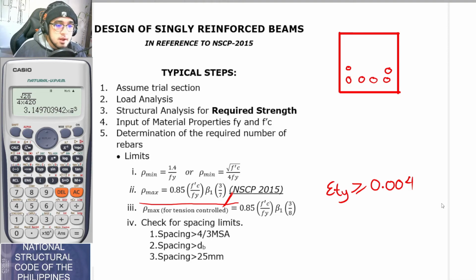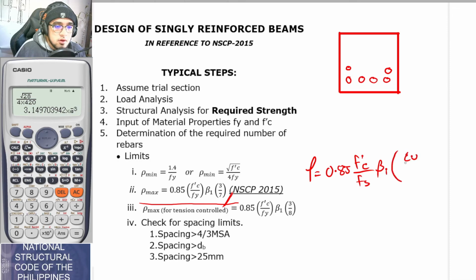Because if you can remember, guys, for your rho max, rho is equal to 0.85 times f prime c divided by fy times beta 1 times strain u divided by strain u plus strain t. So your strain u here is 0.003 as well as this is 0.003.